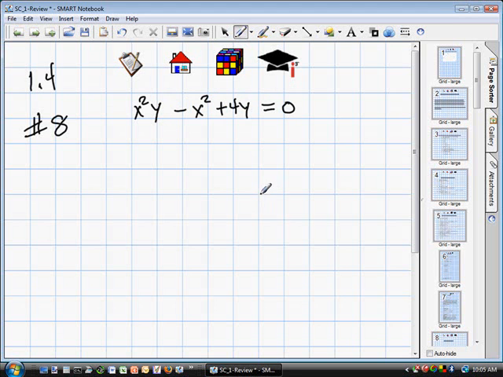We could add the x squared term to both sides. Then we could factor a y out of the left. And then we could divide both sides by that quantity.